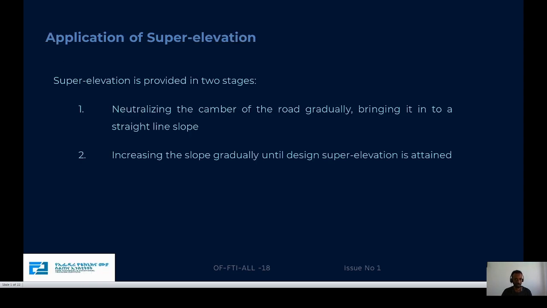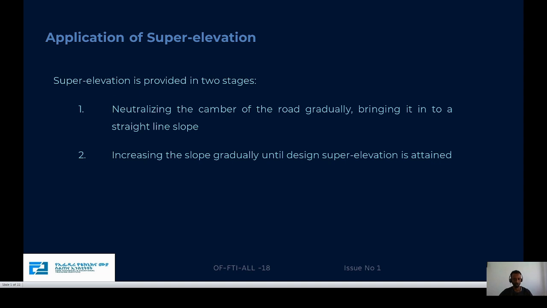And also the application of super elevation. Super elevation is provided in two stages. The first stage is to neutralize the camber of the road gradually. This means the road initially has a camber slope, for example 2%.